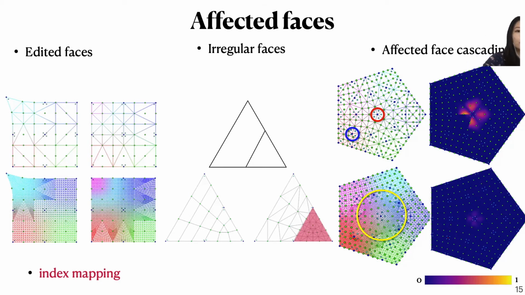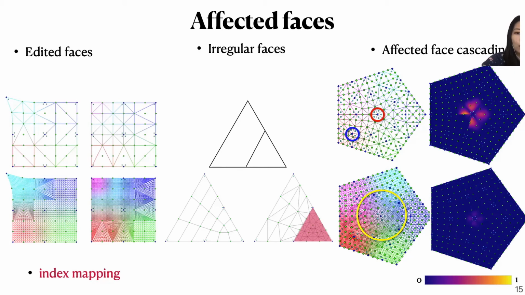The last one, affected faces coinciding. Suppose you move a point colored in blue. There are irregular faces near it. Then there will be artifacts around these irregular faces. You can see these artifacts very clearly in the color map.